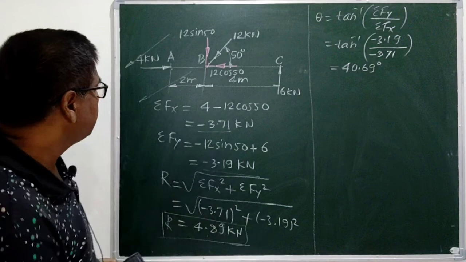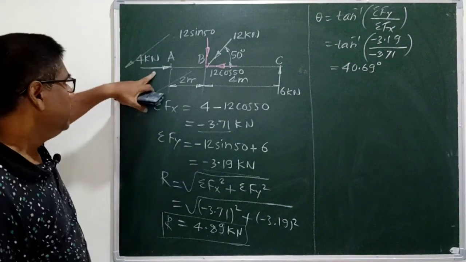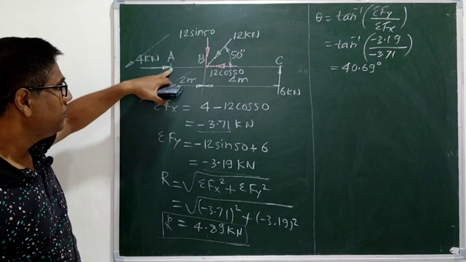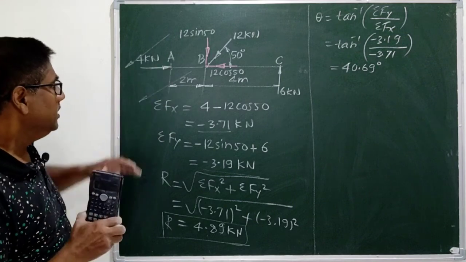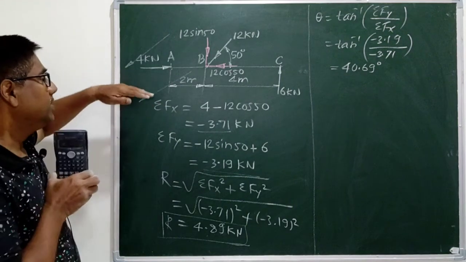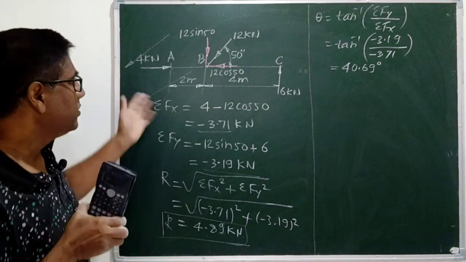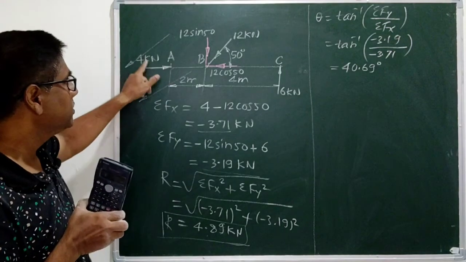Now let us take algebraic sum of moments of all the forces. We need not take moment of this 4 kilonewton force, as it is passing through point A, about which moment is to be taken, because the perpendicular distance between line of action of force and the point is 0. Therefore, force into distance 0 gives 0 moment.